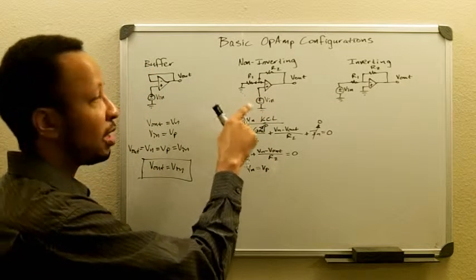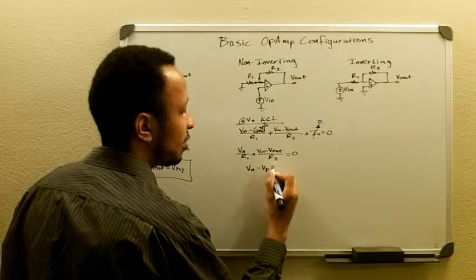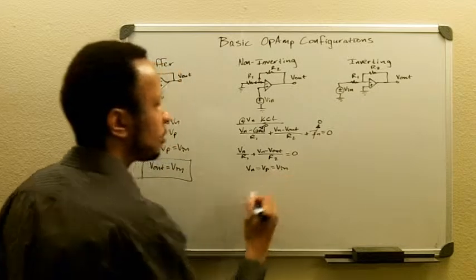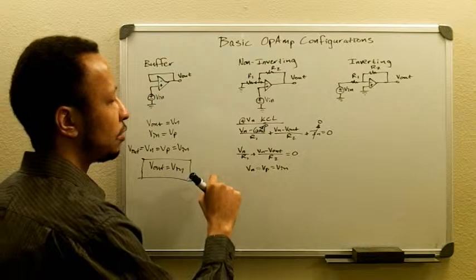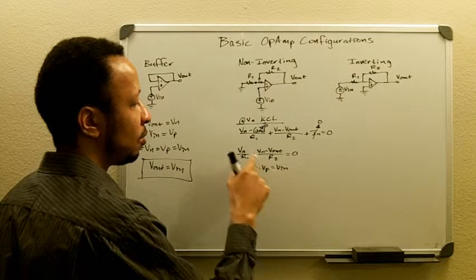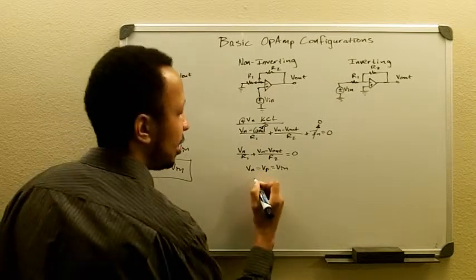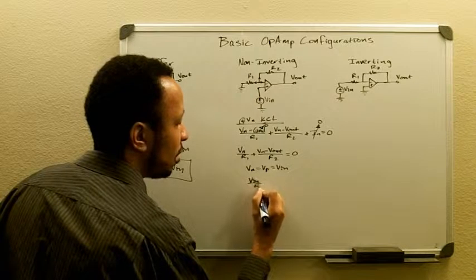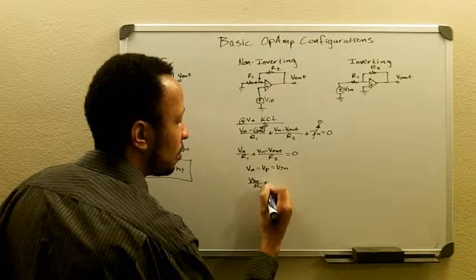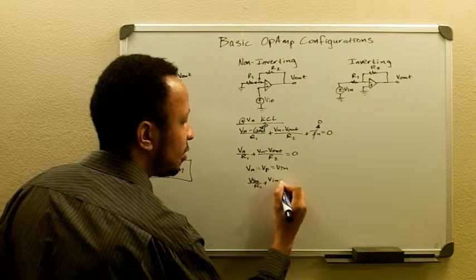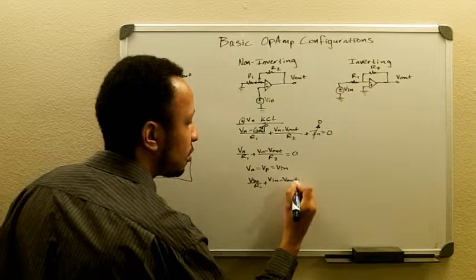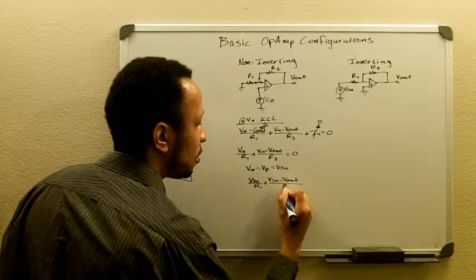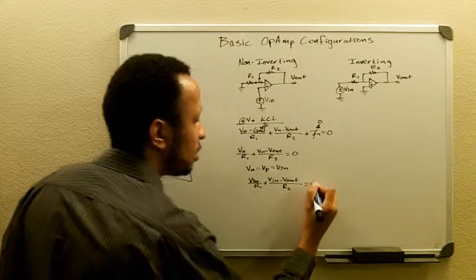Now, again, because of this type of relationship that we have, Vn equals Vp, we also notice here that Vp is equal to Vn. And so what we'll do here is we'll back substitute in there, and we'll come up with an expression that says Vn over R1 plus Vn minus V out over R2 equals 0.